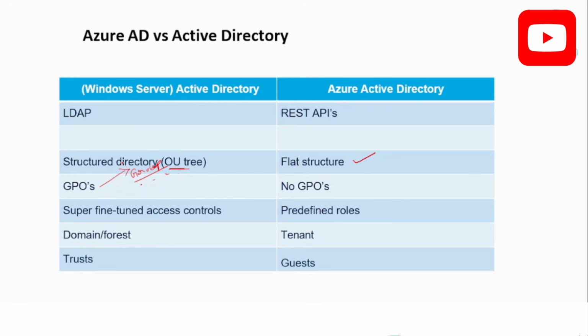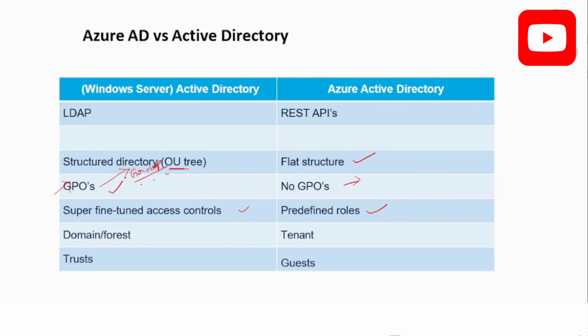If you need to create a group policy, a GPO, under on-prem AD an administrator can easily create a group policy, but if users are using Azure AD, there is no need for group policy. On-prem AD has structured access control, but Azure AD has predefined role-based control.